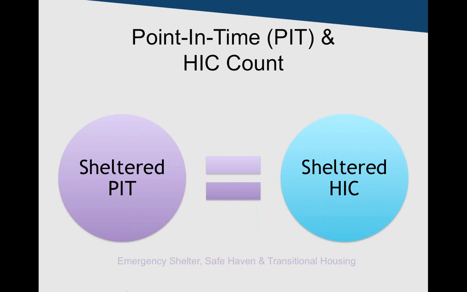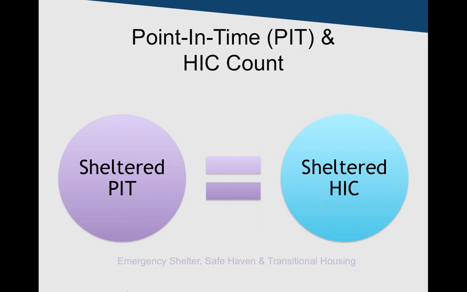Great. The point-in-time and housing inventory count are integrally related. The sum total number of persons reported in the emergency shelter, safe havens, and transitional housing projects in the point-in-time fields of the housing inventory count must match the sum total of sheltered persons reported in the point-in-time count.